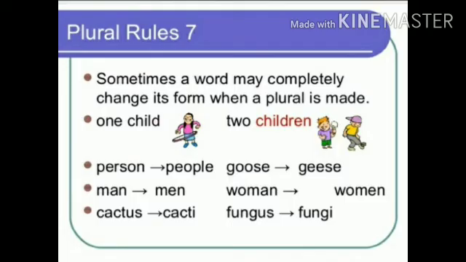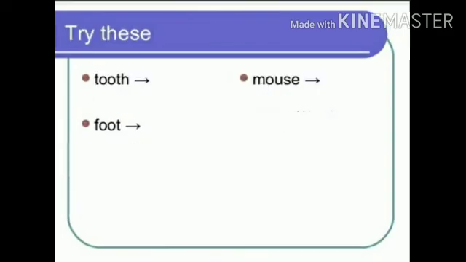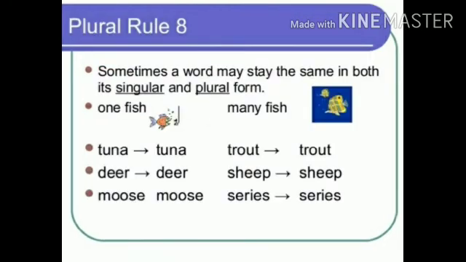These are also called irregular plural forms. There are 3 singular nouns given. You will change them into plural. Like tooth will change into teeth, foot will change into feet, and mouse will change into mice.